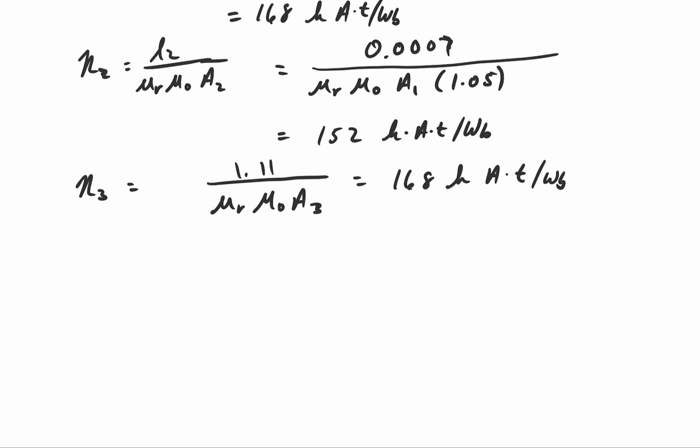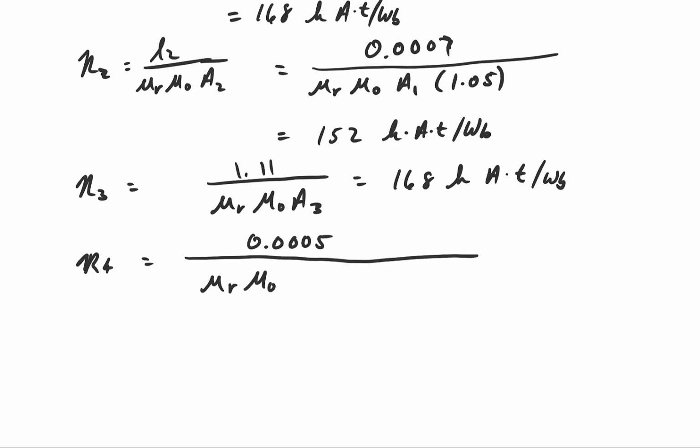R4, well, this is another air gap. This air gap path length is 0.0005 meters. And now I've got mu r, mu naught, and this area is going to be, again, multiplied by 1.05.